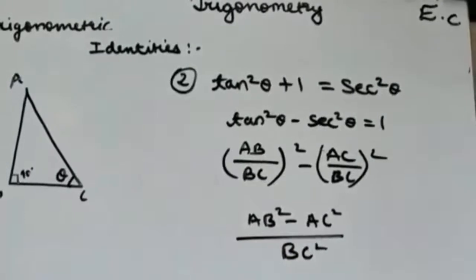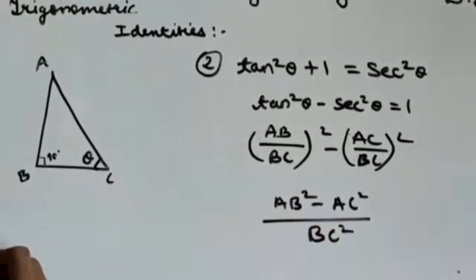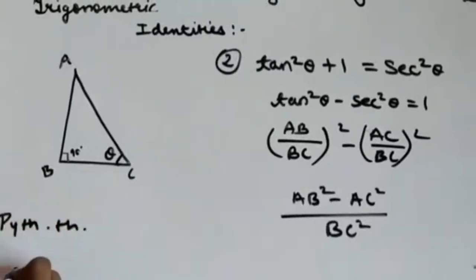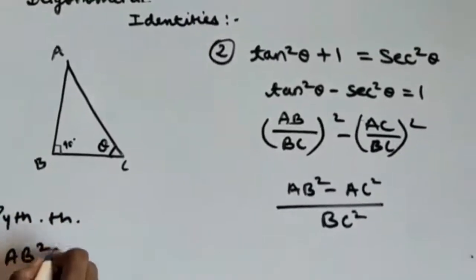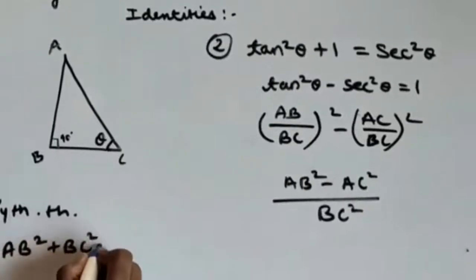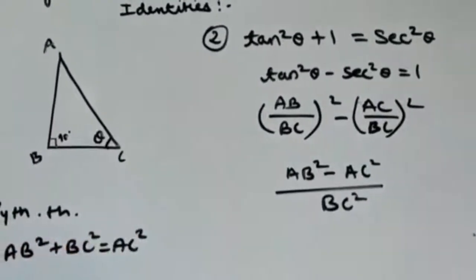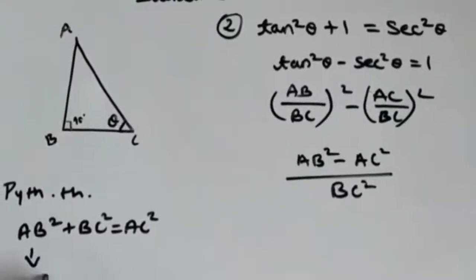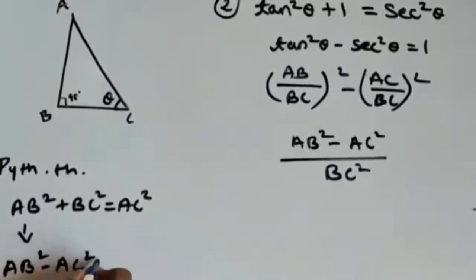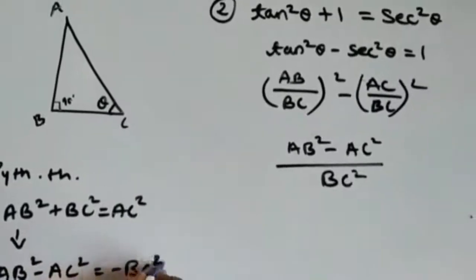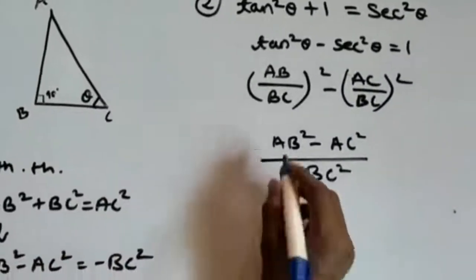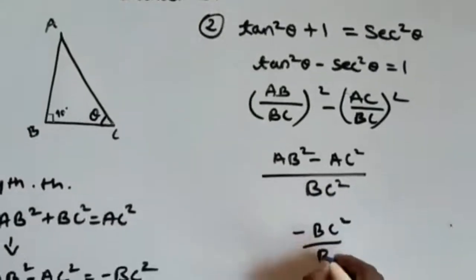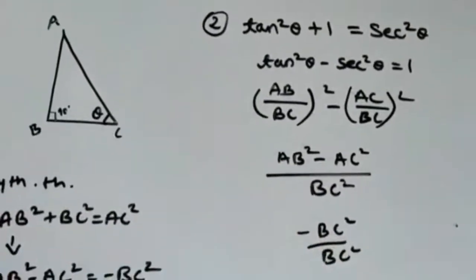Now again we know the Pythagoras theorem says that AB square plus BC square is equal to AC square, and rearranging this we get AB square minus AC square is equal to minus BC square. So we can write AB square minus AC square as minus BC square, isn't it?